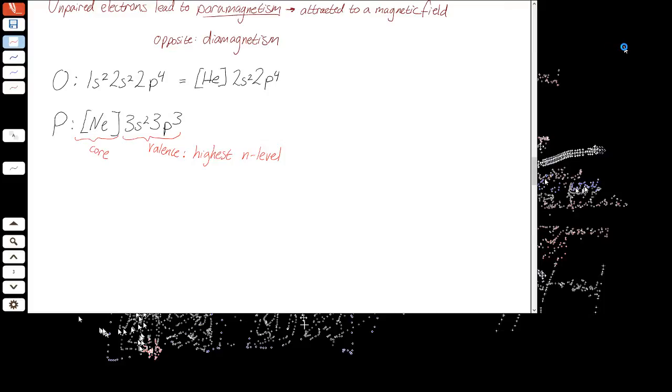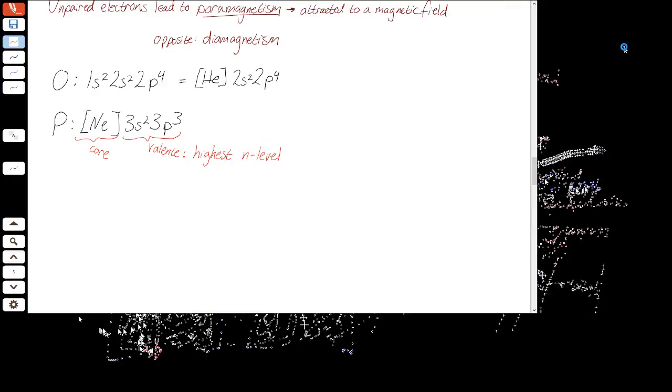So even though we see in the chart that the p orbitals are a little bit higher than the s orbitals in energy, they're all considered a part of the valence level because that difference is not quite as big as the difference between those n levels. All right, so those are the highest level ones, and the core is everything else.